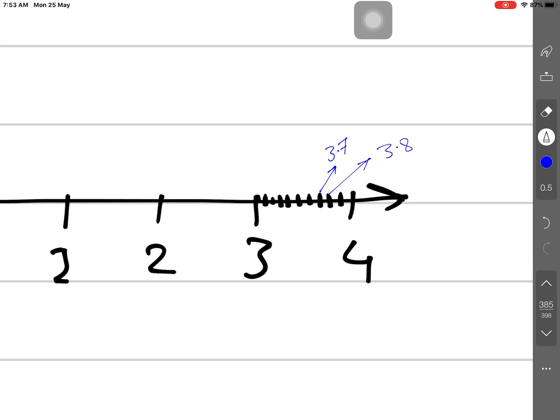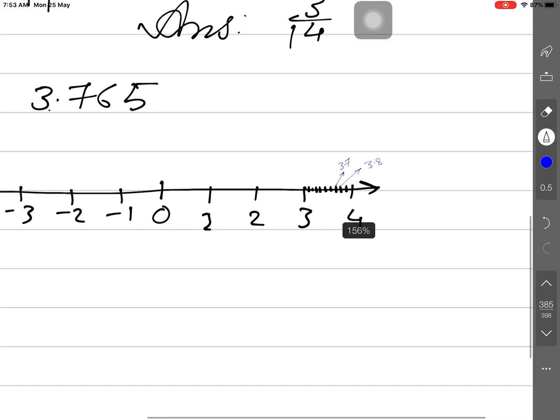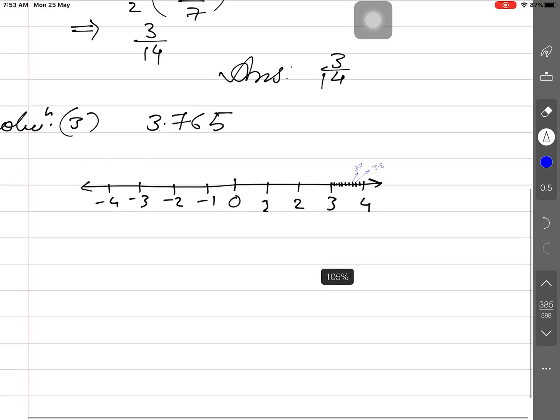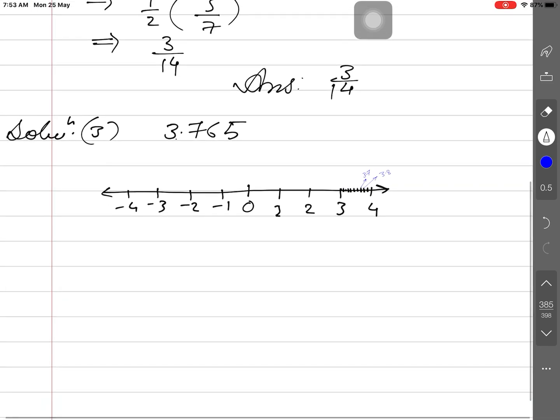So obviously 3.7 and 3.8 are here. So what is to be done here? We can take again, the other number belongs between 3.7 and 3.8.